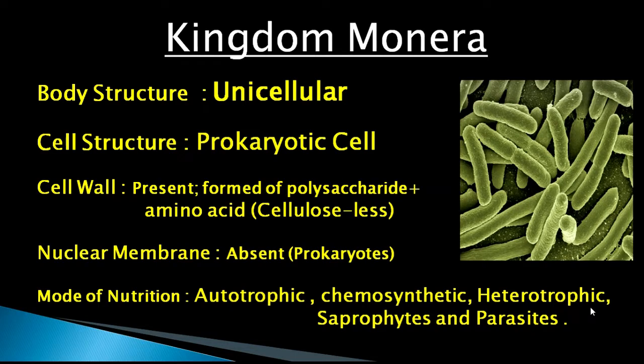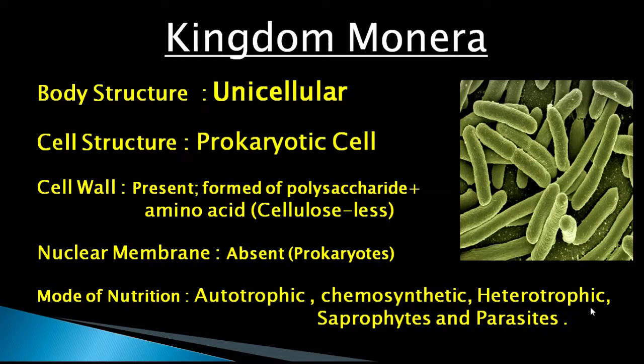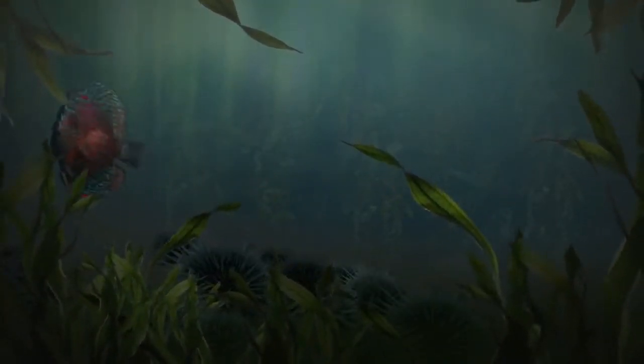Nuclear membrane is absent, as in prokaryotic cells. Mode of nutrition: autotrophic, chemosynthetic, and heterotrophic, saprophytes and parasites. Bacteria are the only living organisms under this Kingdom Monera.